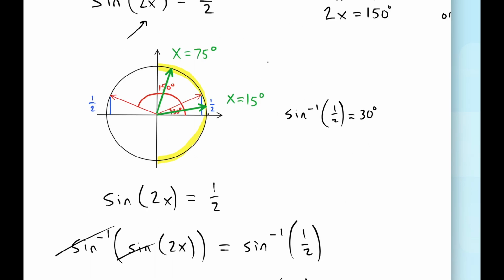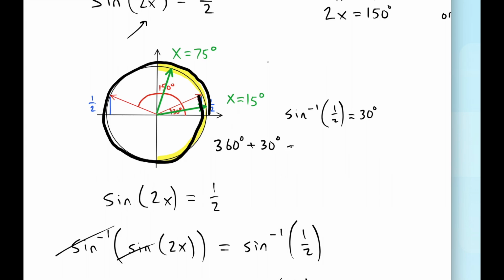If I start here on the right at 0 and go all the way around the circle, that would be 360 degrees. Now if I keep going to the red arrow here, then I have traveled 360 plus 30 degrees. And I'm now at an angle of 390 degrees.